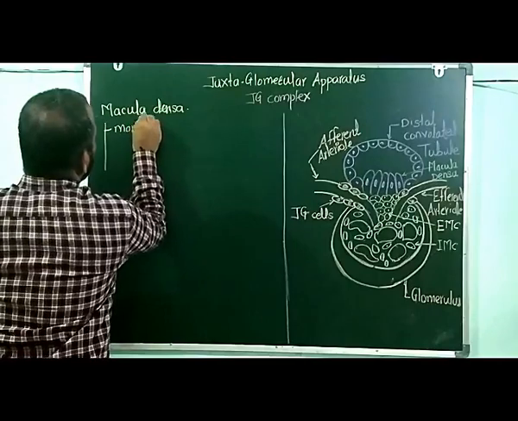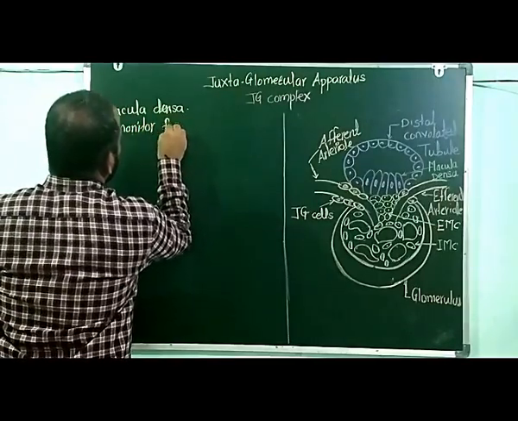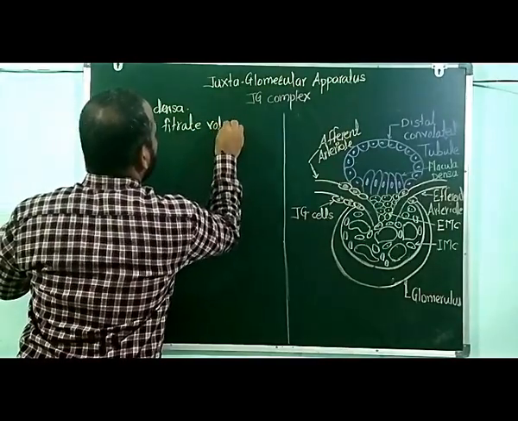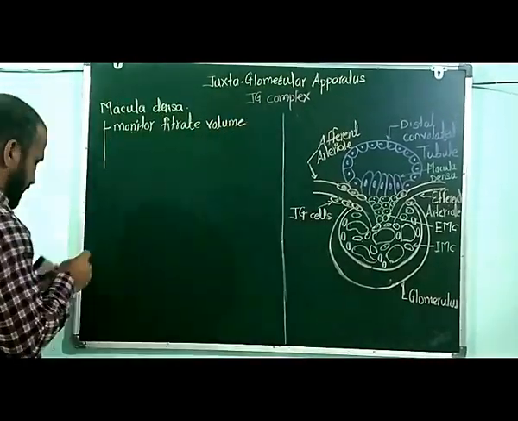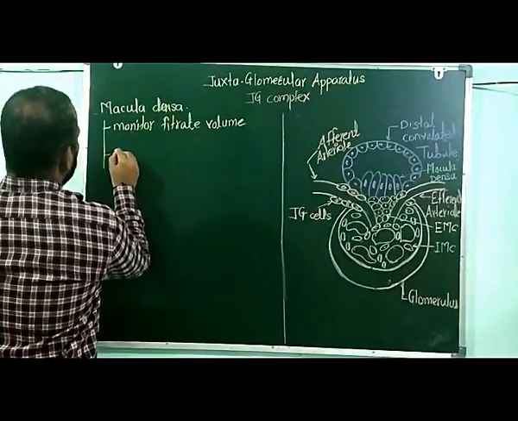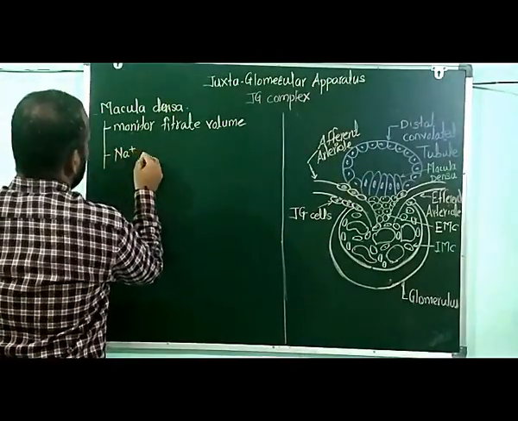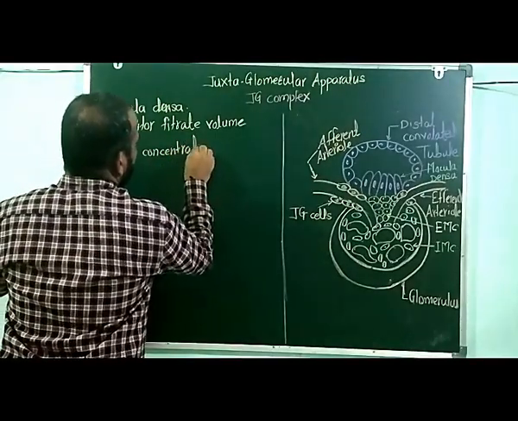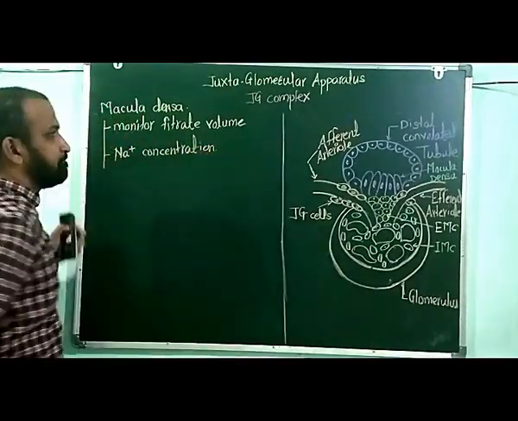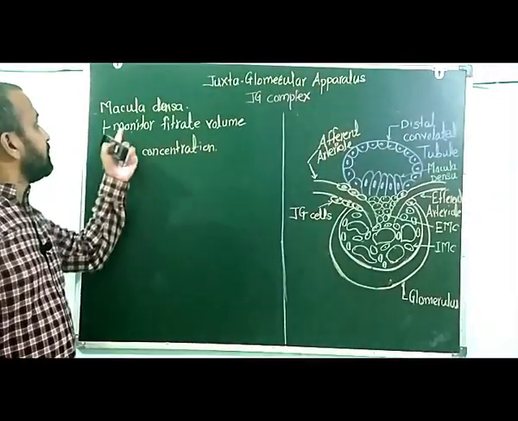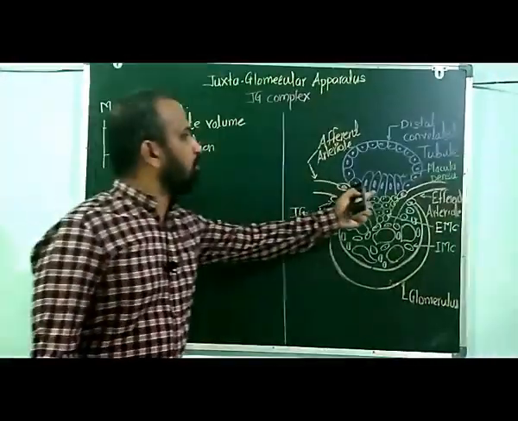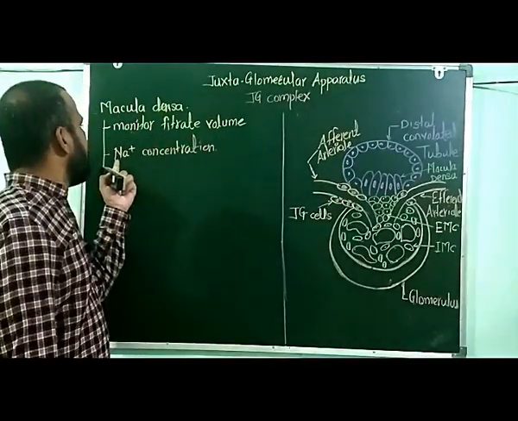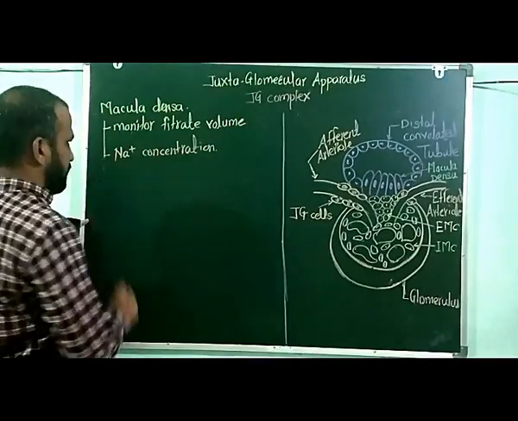They monitor the filtrate volume and they maintain the sodium concentration. Macula densa cells perform two important functions. They are responsible for monitoring the filtrate volume and the sodium concentration.